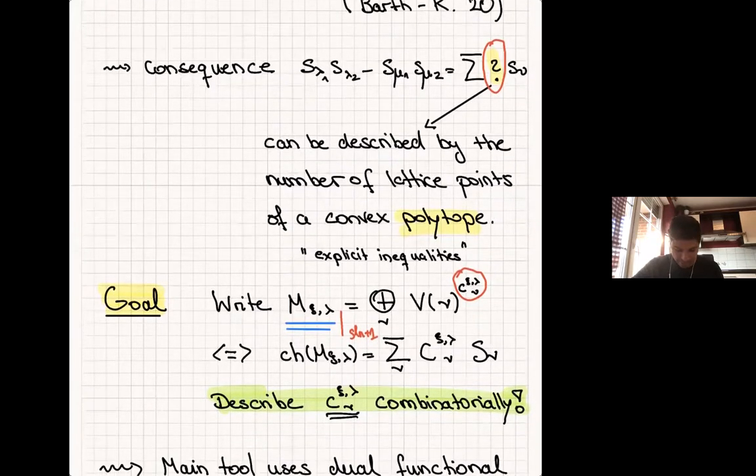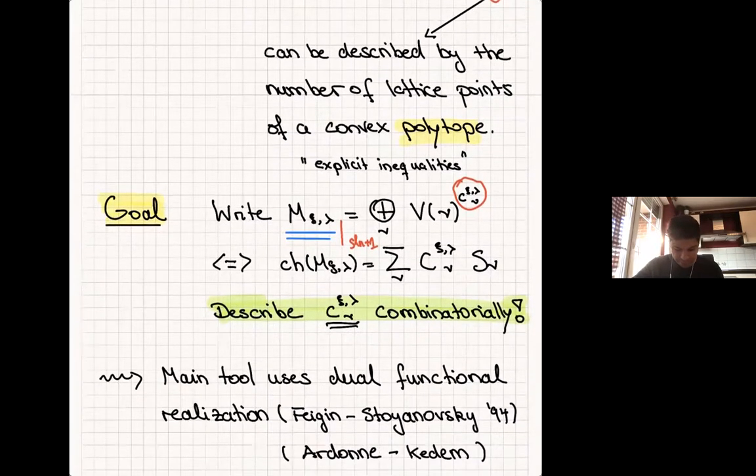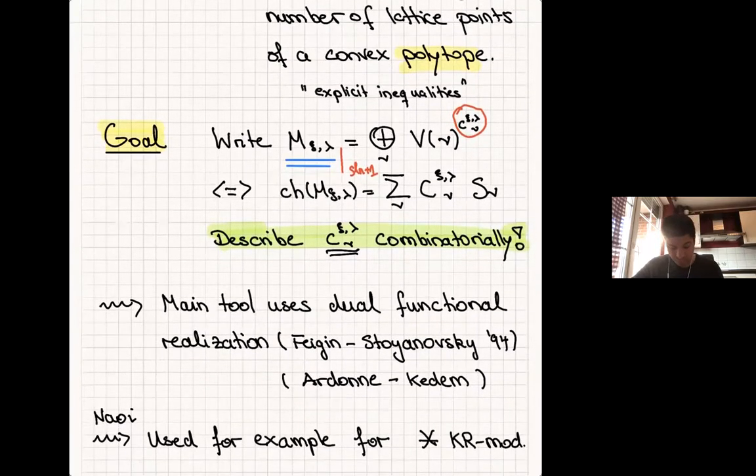The main tool to attack this is the dual functional realization, which goes back to Feigin and Stoyanovsky from '94, but I actually learned this approach from the papers of Addar and Kedem. And just recently we used this functional realization to come up with generators and relations for the fusion product of Kirillov-Reshetikhin modules.